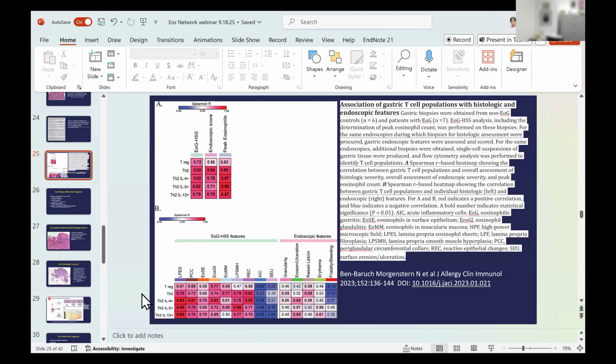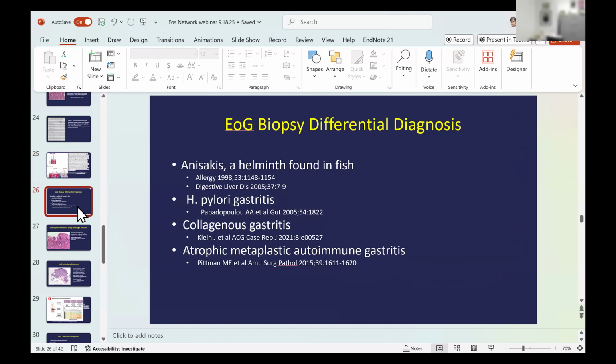So hopefully we will discover pathways that can be exploited for therapies.